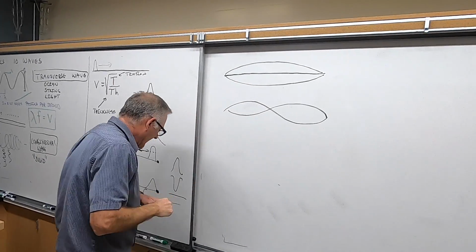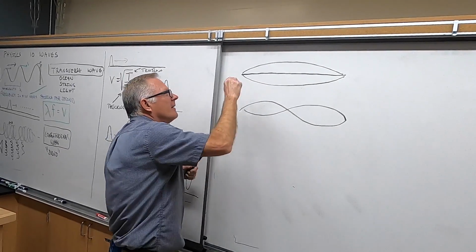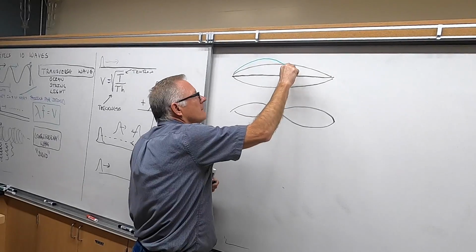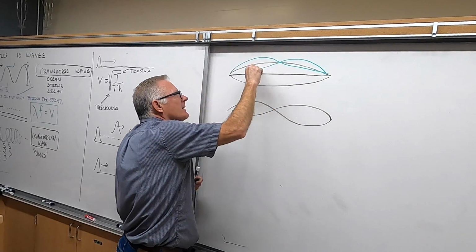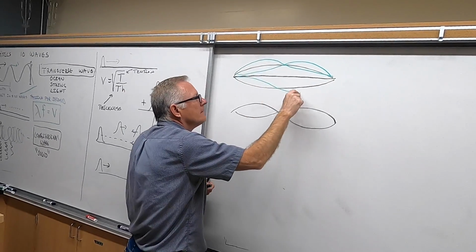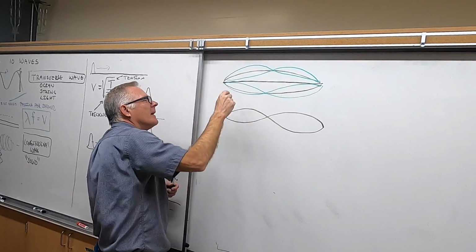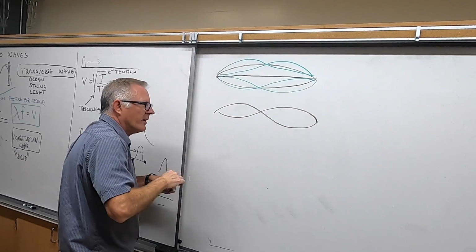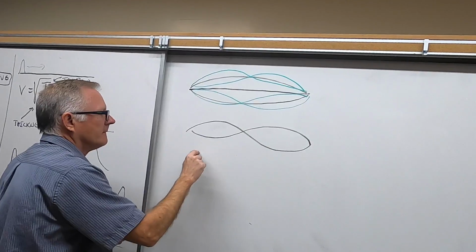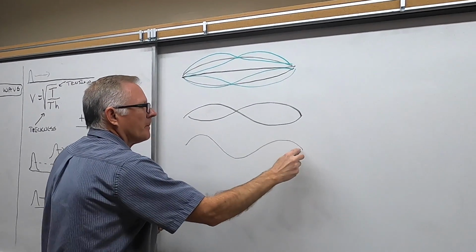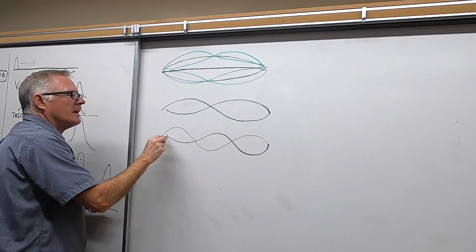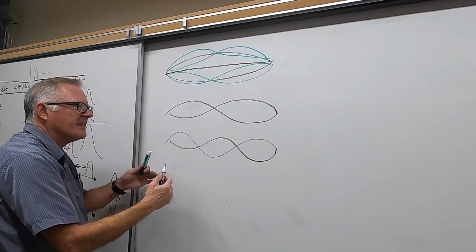It would be inside that wave, so it would be kind of like this right here. And then you'd get the third one right here, and the fourth and the fifth and the sixth.